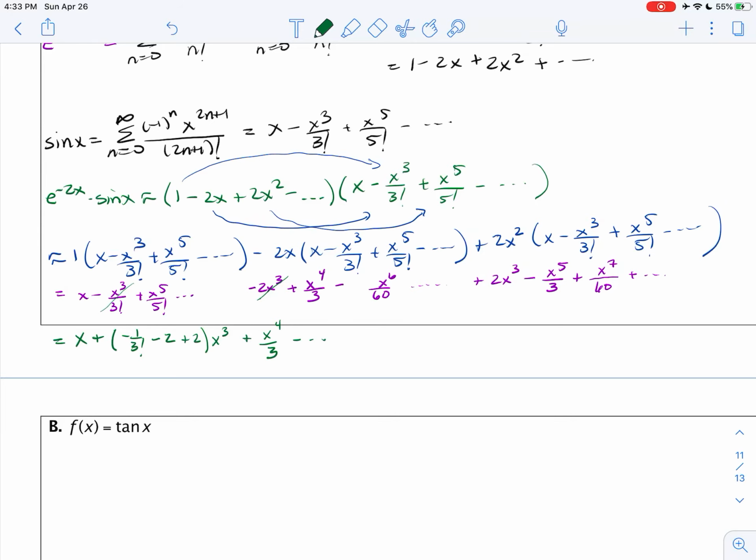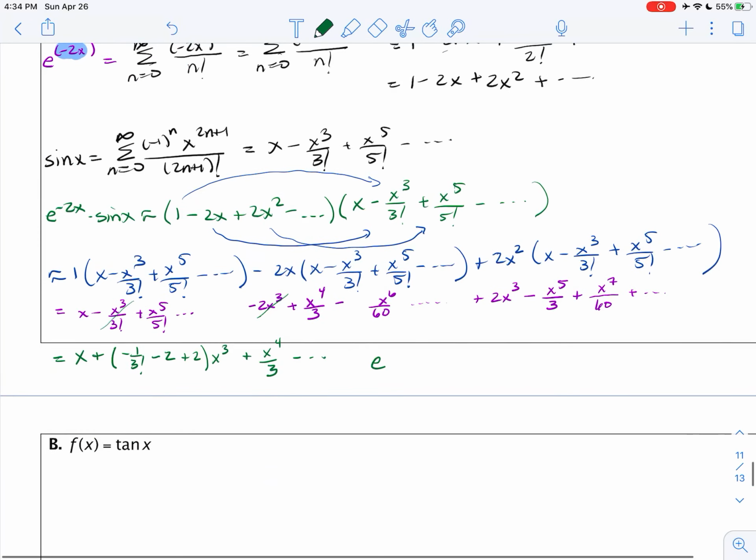And those are my non-zero terms, and I don't need to do any more, so I just want to simplify this expression. So I have that e to the negative 2x sine x is roughly equal to x, and minus 2 plus 2 is 0, so minus 1 over 3 factorial is minus 1/6 times x cubed.